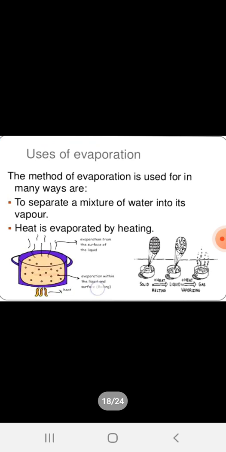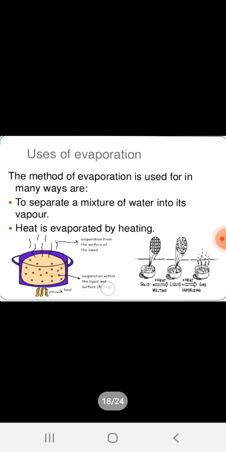So evaporation is used to separate a mixture by turning the water into vapor, and it is done by heating. So when you heat the salt solution, that means salt is dissolved in water, and when you heat that solution, water gets evaporated and at the bottom salt will be there.